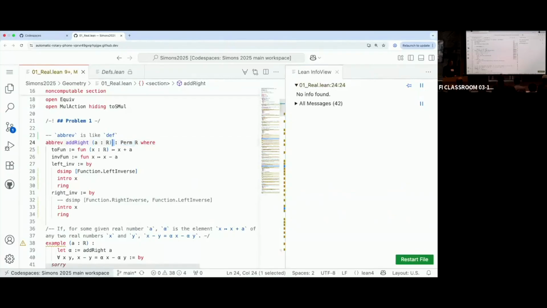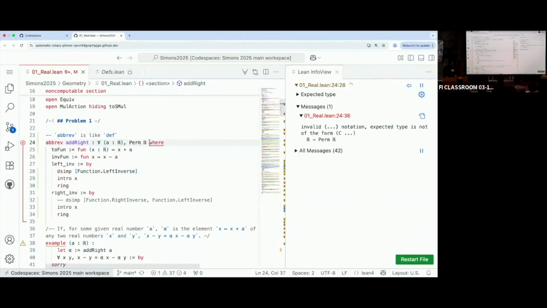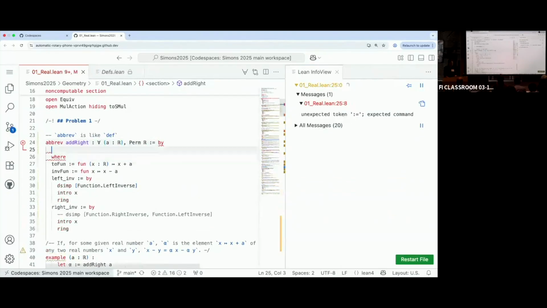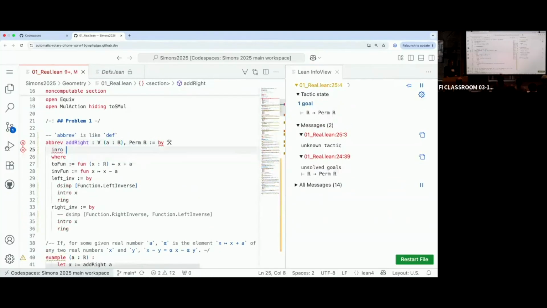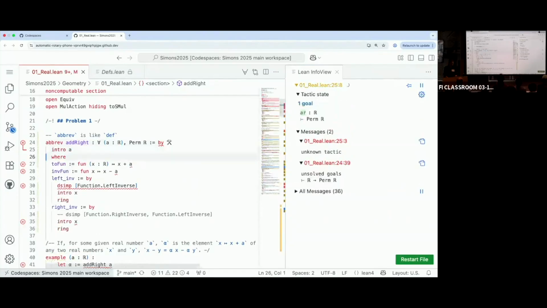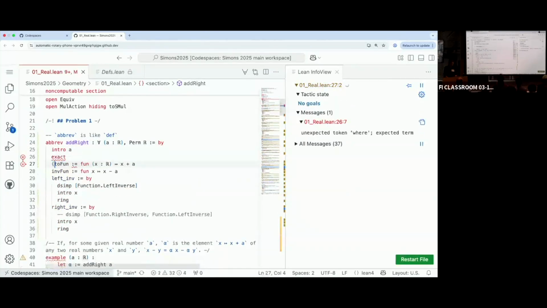So it's a matter of syntax. I could have said, for all a, I have a permutation. And if I wanted to do it that way, then I would have needed to start with intro a, and then I could have said exact, and then all of this business here.